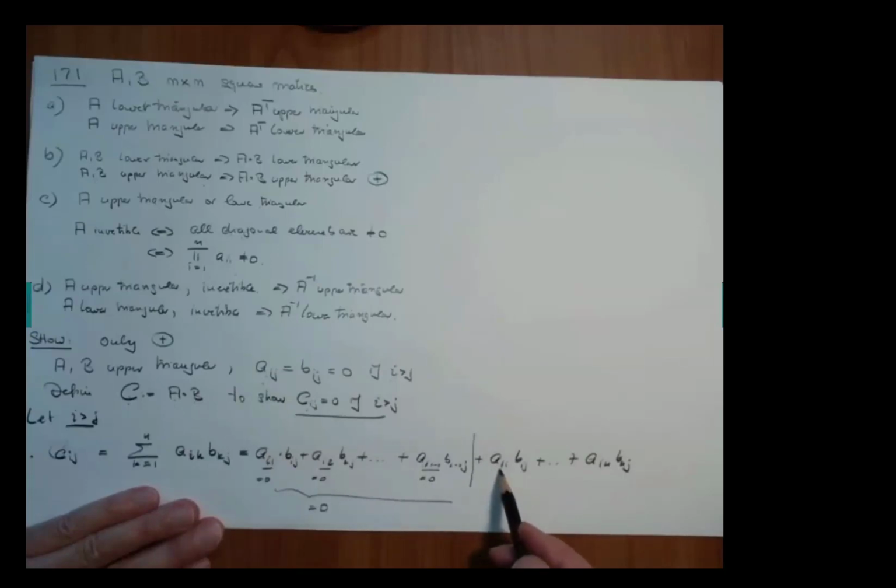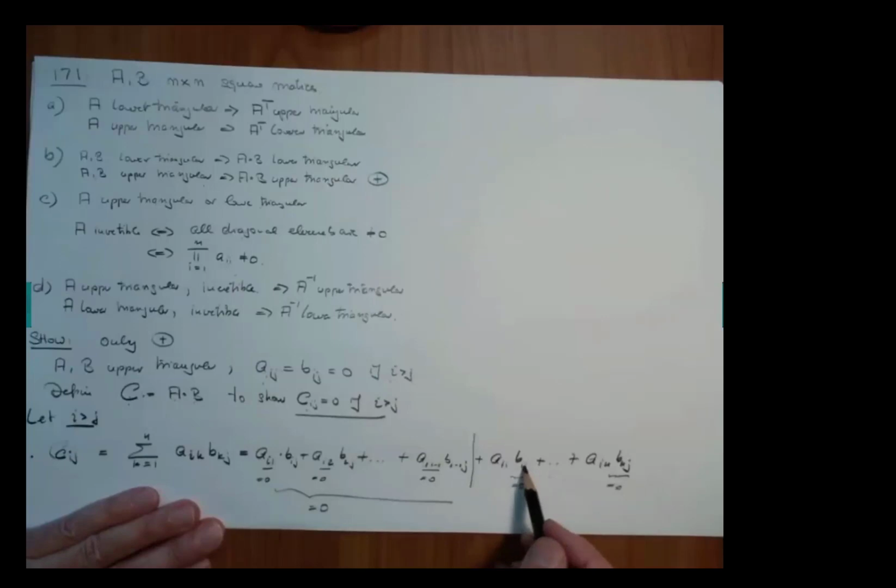But we are lucky because b_ij, with i larger than j, is 0. Now what would be the next term? It would be b_i+1,j. But if i is larger than j, then i+1 is for sure larger than j. So starting from here, all the b values are guaranteed 0.